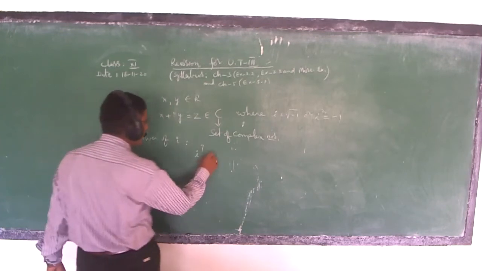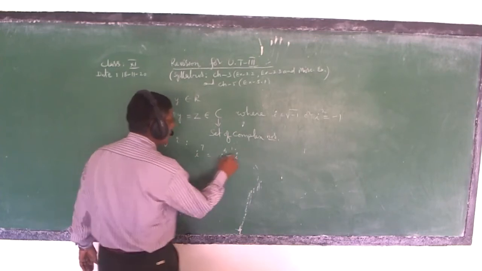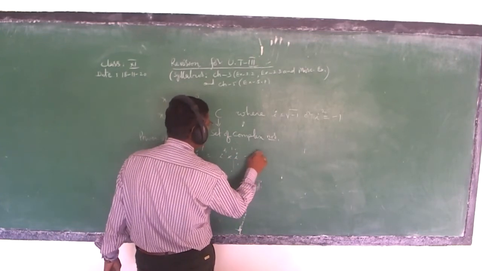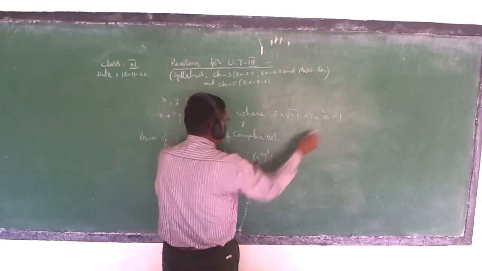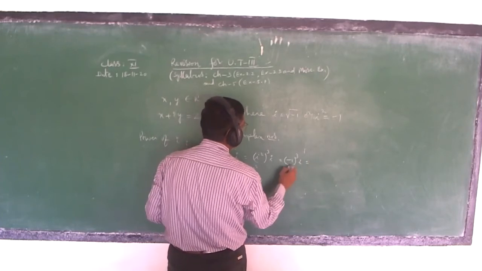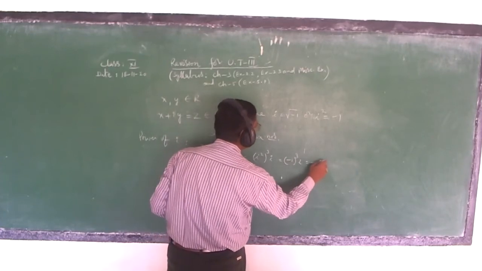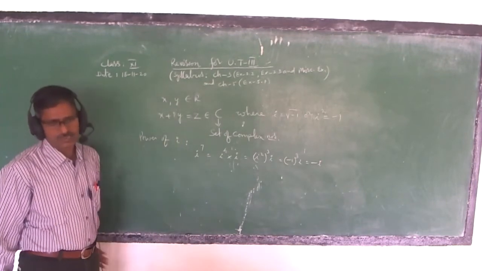We write this as i power 6 multiplied by i. i power 6 can be written as (i square) whole cube multiplied by i. i square value is known to be minus 1. So (minus 1) whole cube multiplied by i. So (minus 1) whole cube is minus 1 multiplied by i. It is minus i.